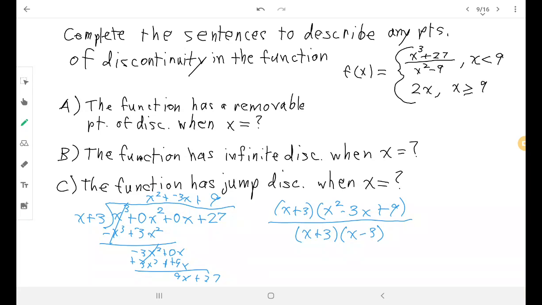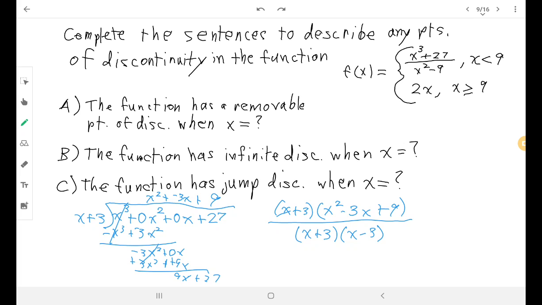And notice that the x squared minus 3x plus 9 is not going to factor real nice, so we're not going to bother trying, because you can look at it and pretty quickly come to the conclusion that you cannot factor it.